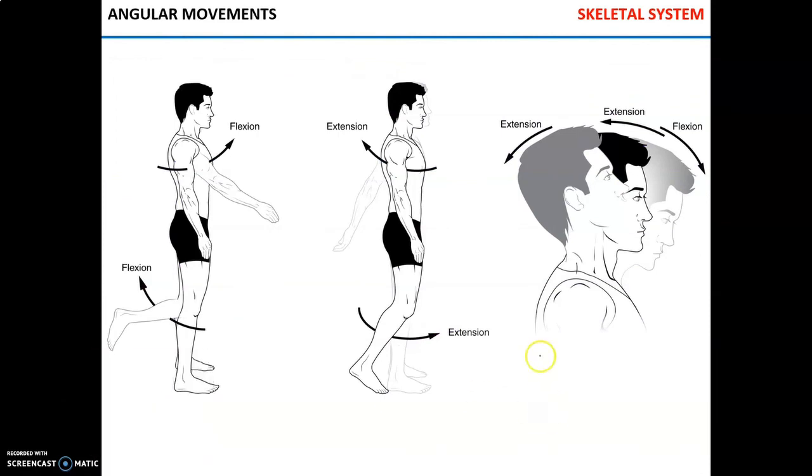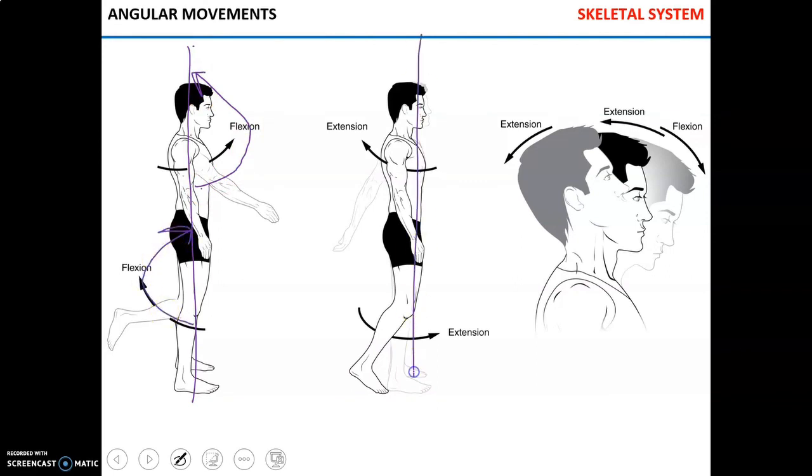And we're going to start with flexion and extension. So if you take a vertical axis, like this, you will see that in case of flexion, the angle between the limb and the axis decreases. In extension, the angle between the axis and the limb increases.